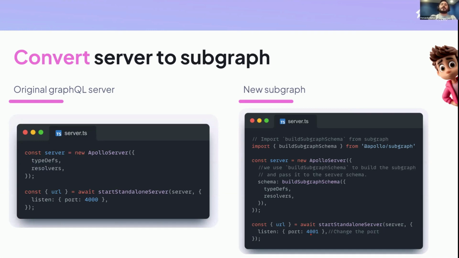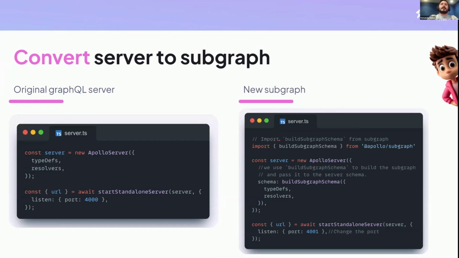This is because we are going to run our router in front of the subgraph, so later, as we are going to see, we will run the router on the same port that our monolith was running on. So with these changes, we have now created our first subgraph.